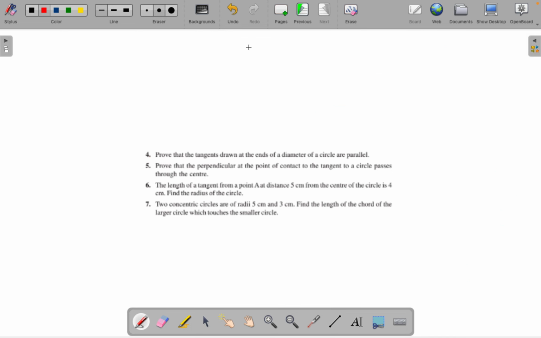Similarly, if you want to do question number 5, prove that the perpendicular at the point of contact to the tangent to a circle passes through the center.